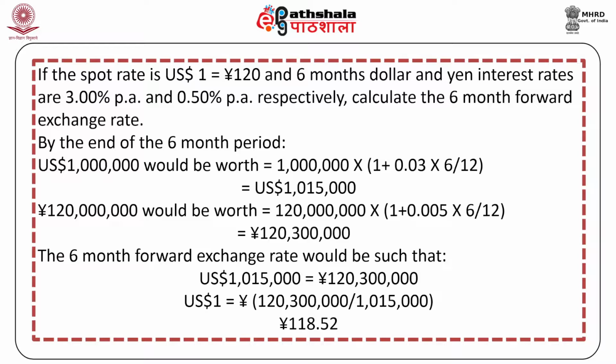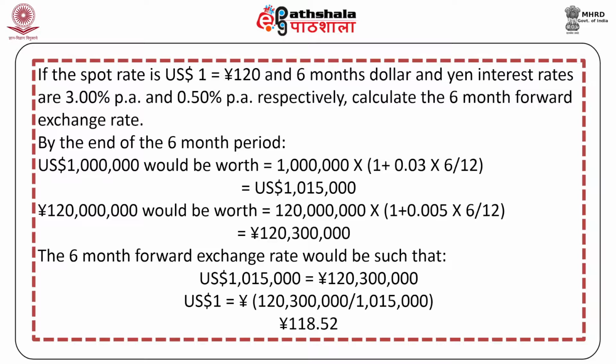Yen 120,000,000 would be worth 120,000,000 × (1 + 0.005 × 6/12), which is equal to 120,300,000 yen.